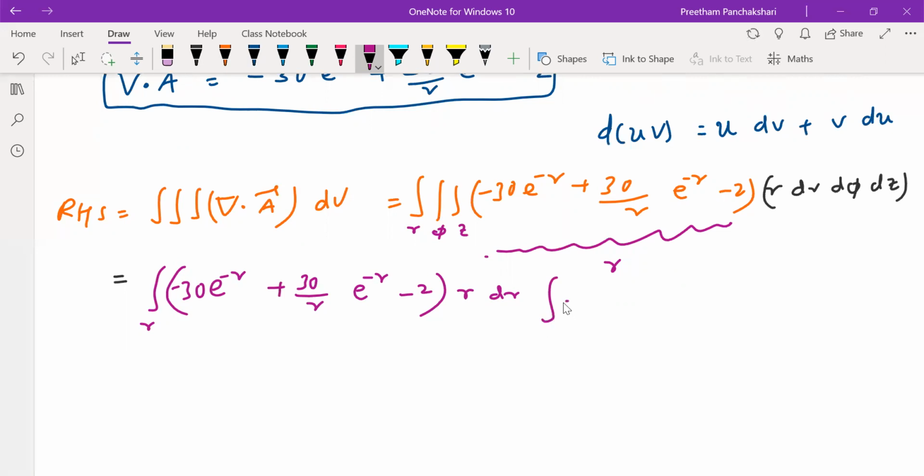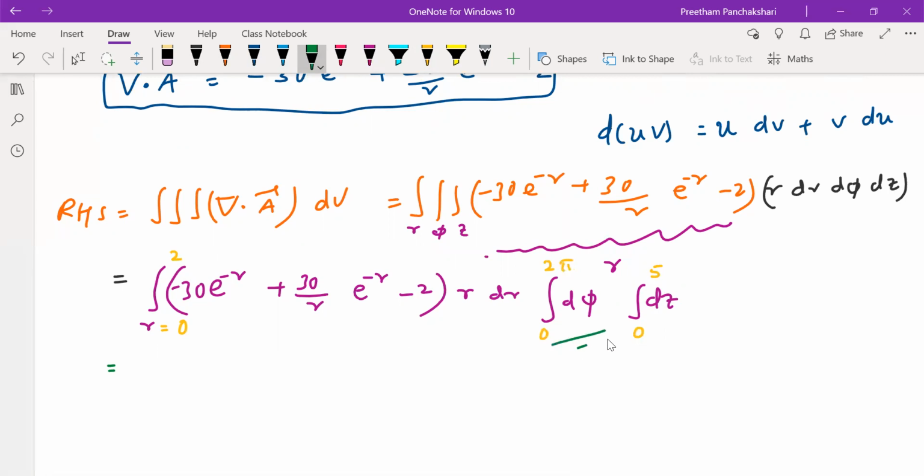Second integral is a simple one with the d phi, the third one with the dz. And we know the limits here. For z the limit is 0 to 5, phi limit is 0 to 2 pi, and r limit is 0 to 2. To define the complete space, there is complete volume inside the cylinder.